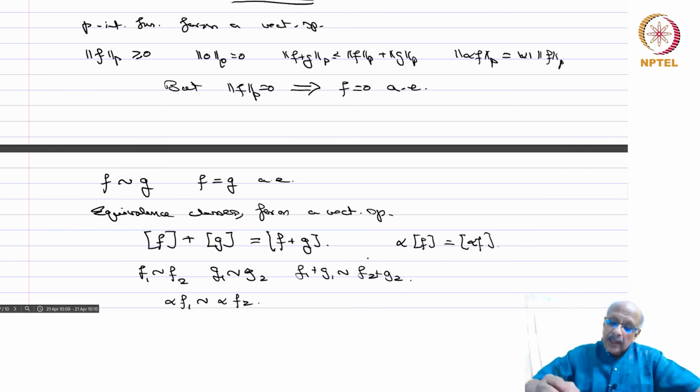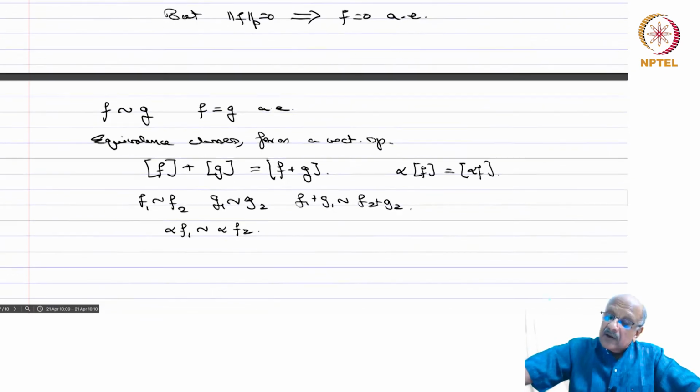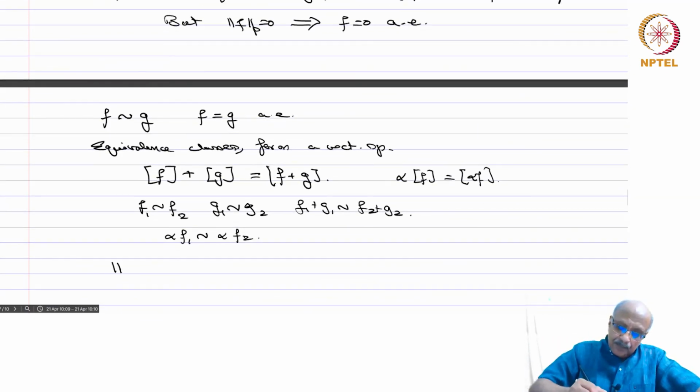Therefore any representative you take, through pointwise addition and then taking the equivalence class, you will get the same result, so this forms a vector space.